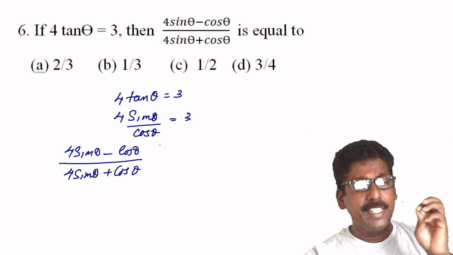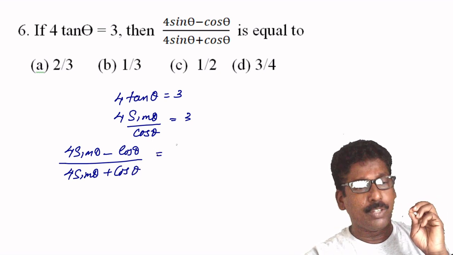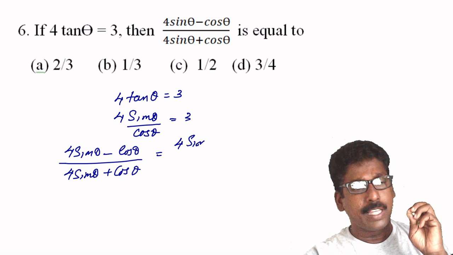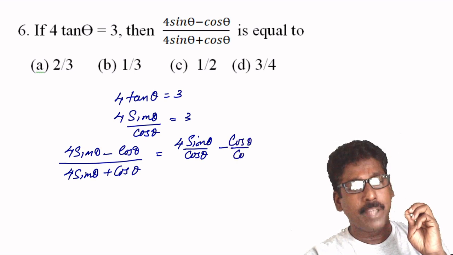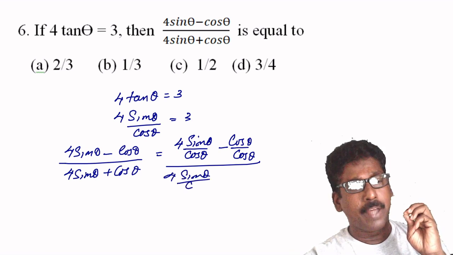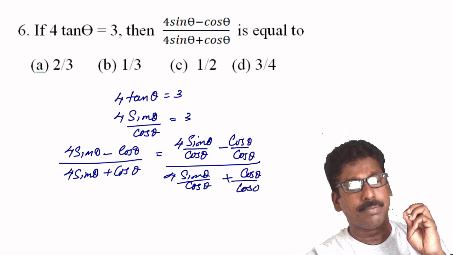You divide each term by cos theta. What will you get? It is 4 sin theta by cos theta minus cos theta by cos theta, all divided by 4 sin theta by cos theta plus cos theta by cos theta.